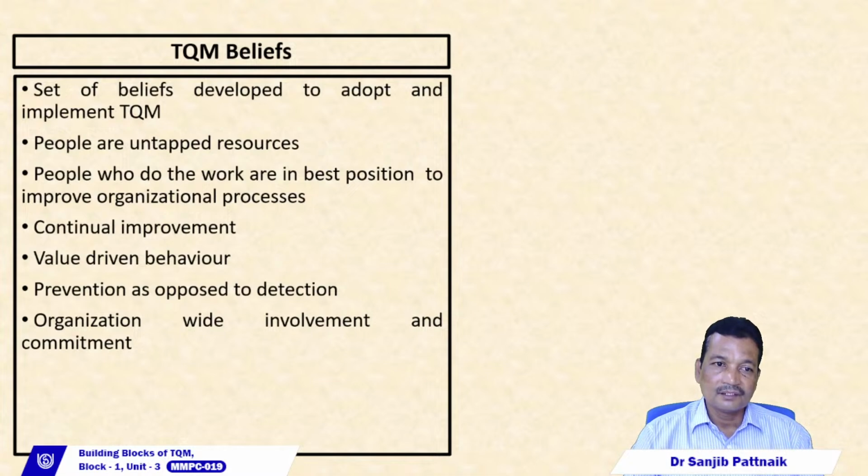So the organization's focus should always be value driven. They should always be on the lookout for improving the value of the products or the process in order to generate valuable items.